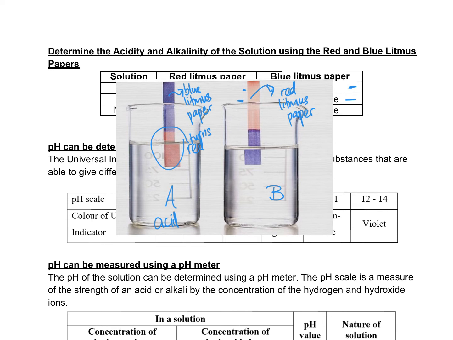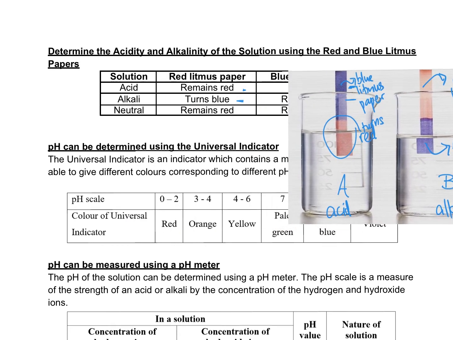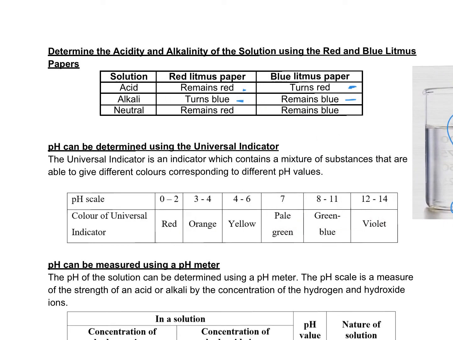Upon touching the solution, it turns blue. So this is an alkali. If we are talking about neutral solution, the red litmus paper will remain red and the blue litmus paper will remain blue.